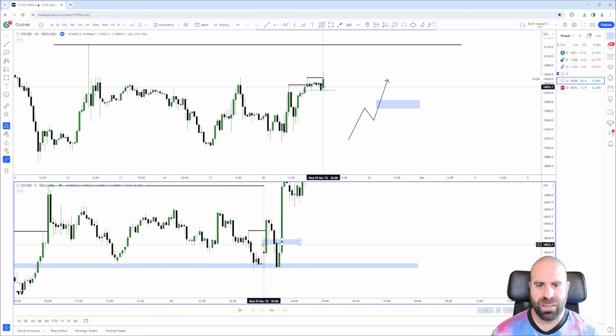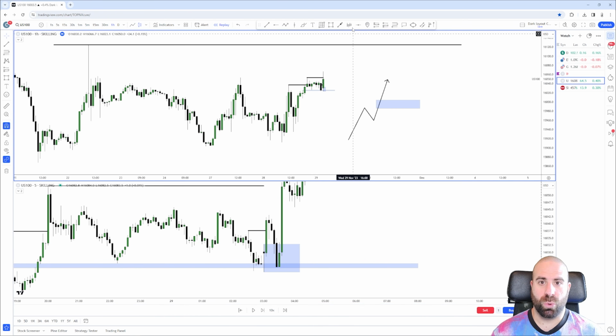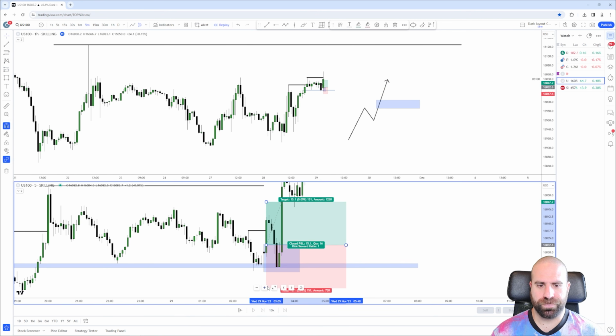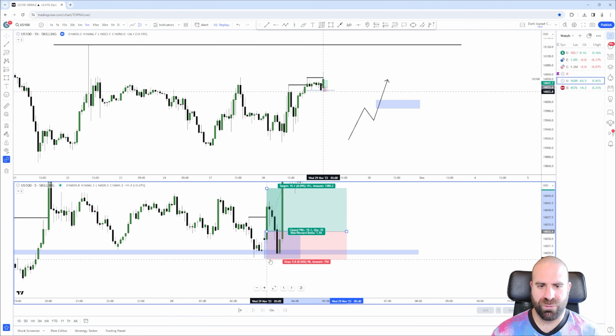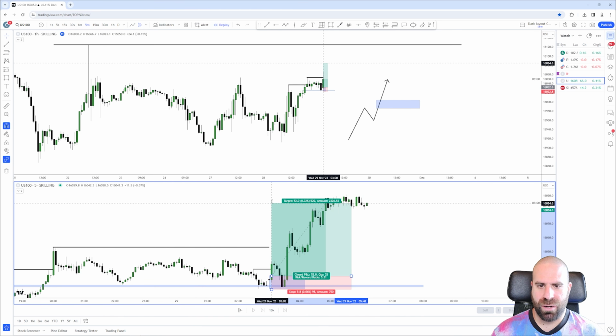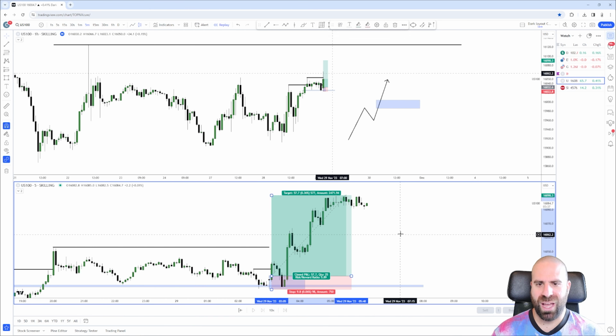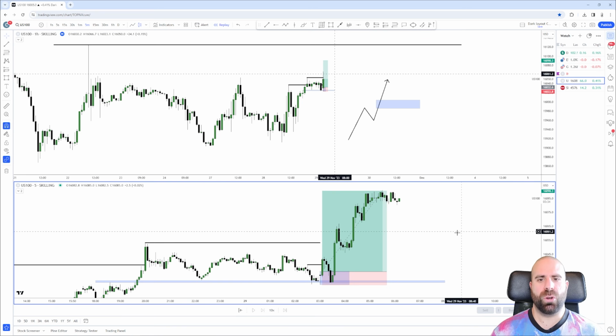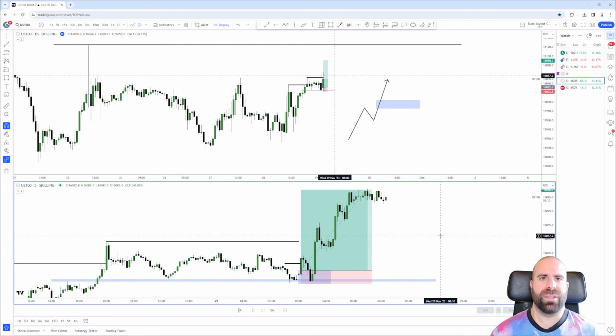So if you would take this order block as an example, you would have entered, you would have gotten an even better price right here. So your trade would have been that, and until this one up here, you would have been at 5.9 to 1 reward to risk. So this is a trade.